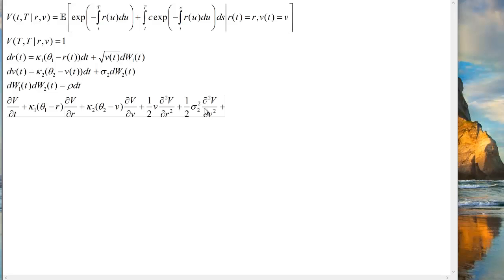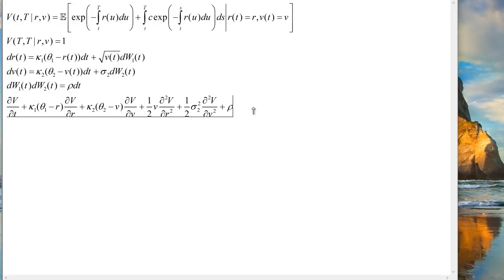Then we have an extra term because we have to take into account the correlation of the Wiener processes. So that the mixed derivative appears, and the coefficient of the mixed derivative will be equal to the correlation times the diffusion components.